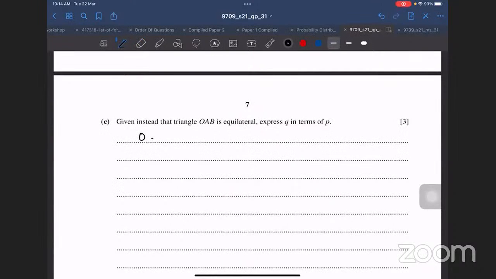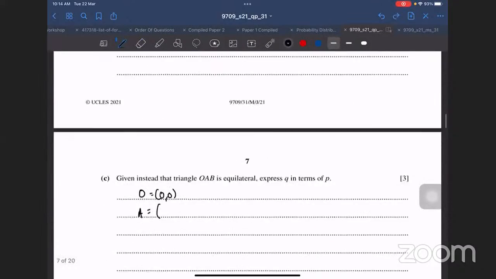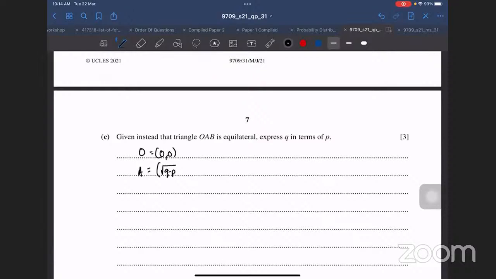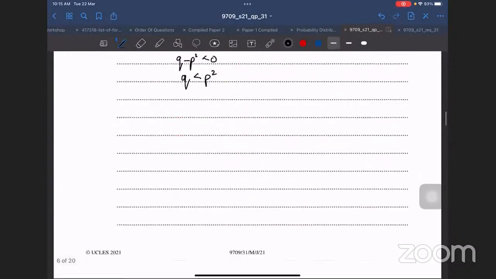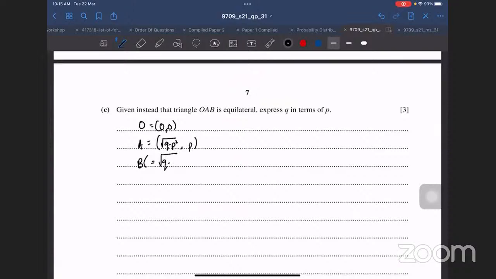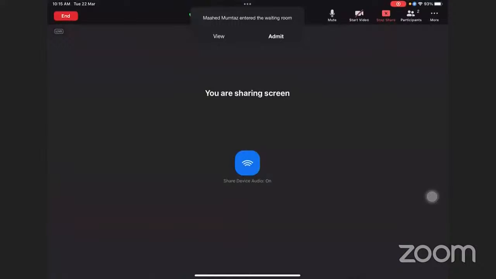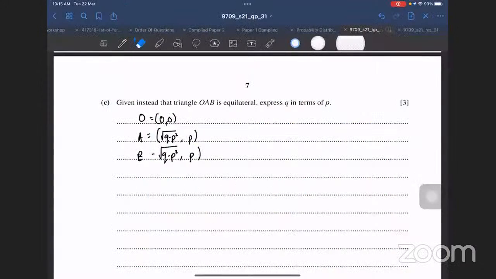Can I say that O is 0, 0, A is root of q minus p squared and p, and B is minus root of q minus p squared and p.